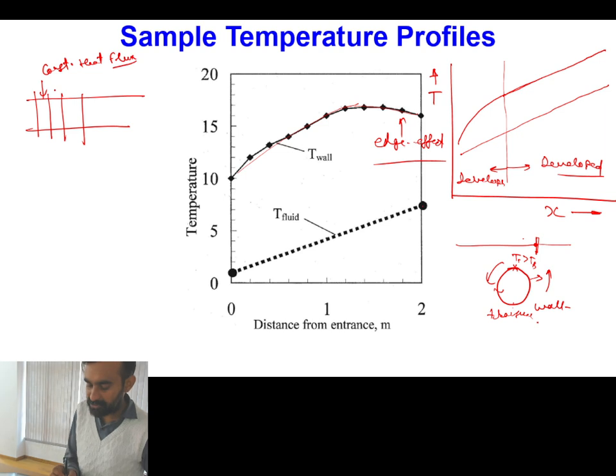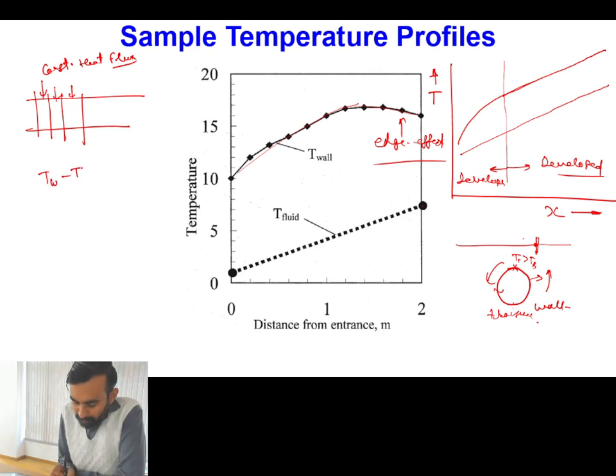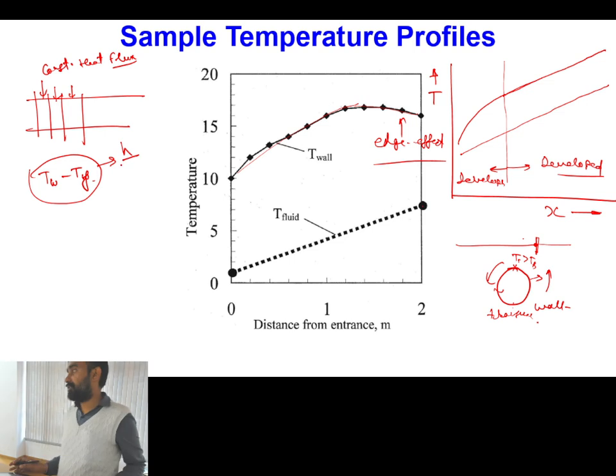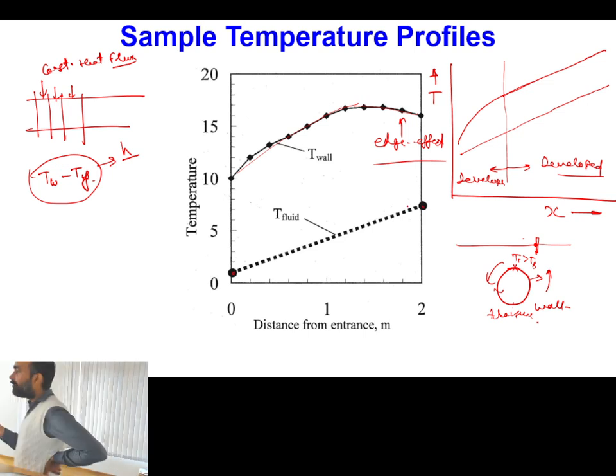Moreover, the T wall minus TF has to be almost the same in order to have the same value of average heat transfer coefficient. So ultimately this tells that the variation of fluid temperature will be linear.